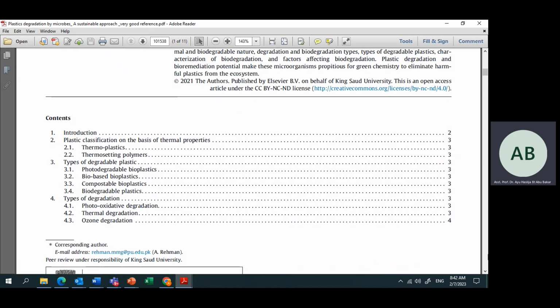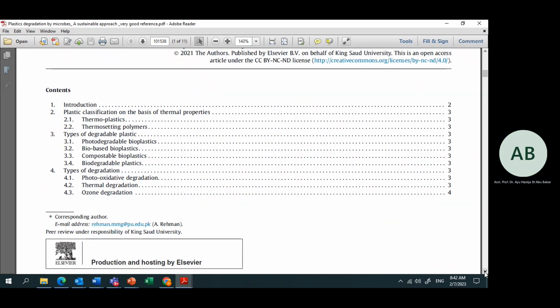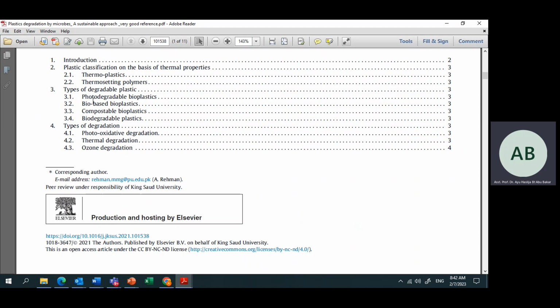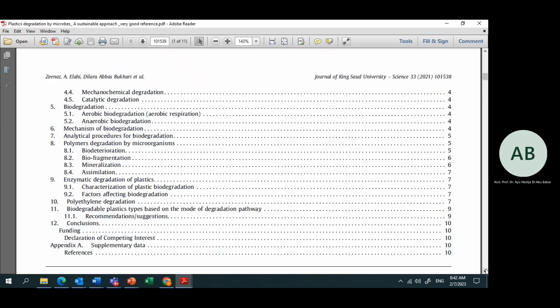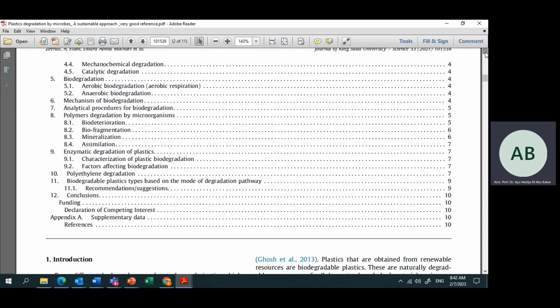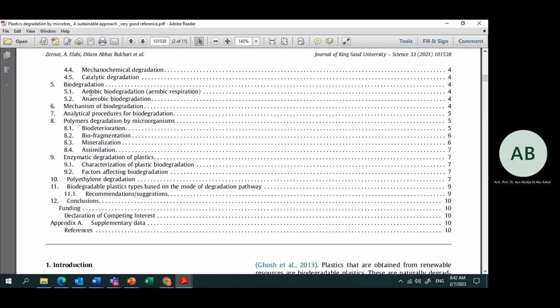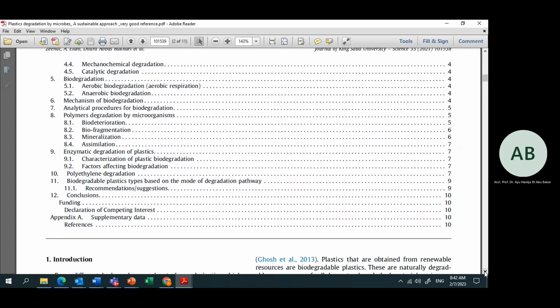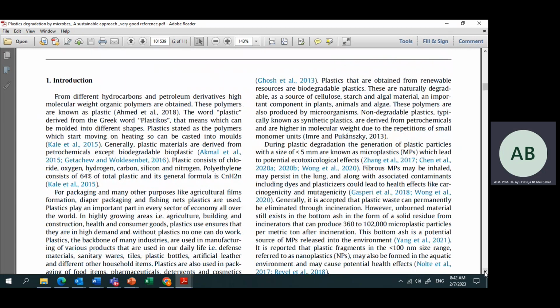This subtopic relates to our topic, where we have gone through last time the types of degradable plastic, types of degradation, and then the mechanism, the enzymatic mechanism. Okay, so it explains in detail.